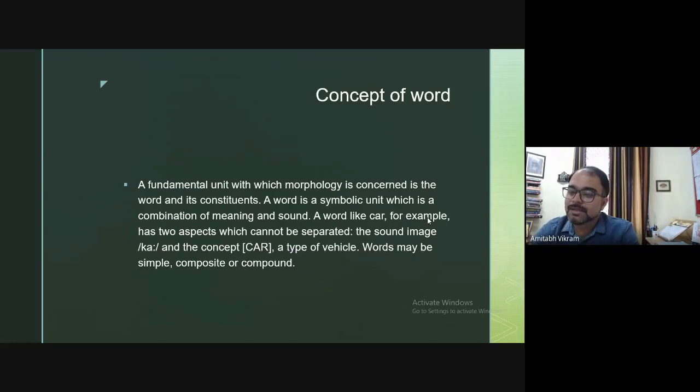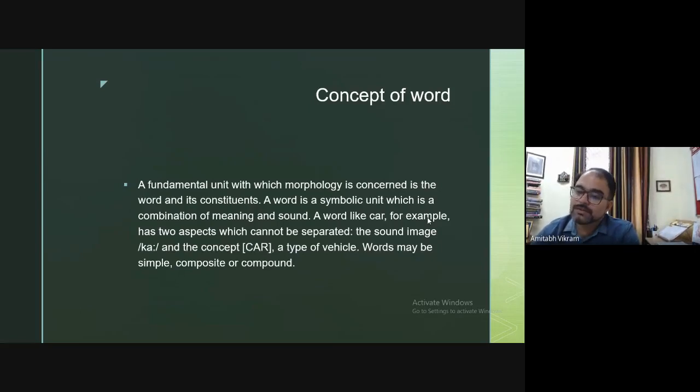And these symbols represent something, which is the combination of meaning and sound. So each word is a combination of meaning and sound. Meaning means concept, something associated with it, the signified, and sound is your signifier. A word like car has two aspects which cannot be separated. When I say car, you hear the sound image car and the concept car. That means you think of a car.